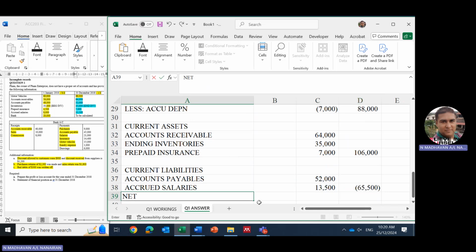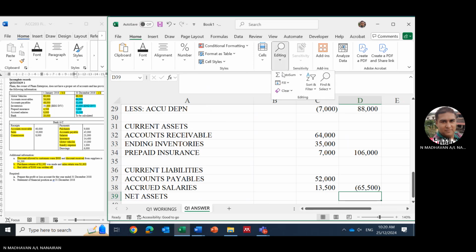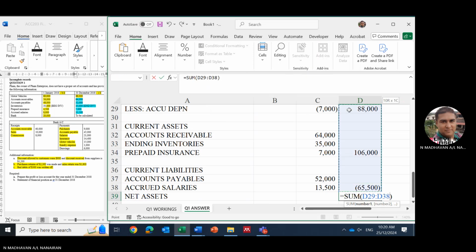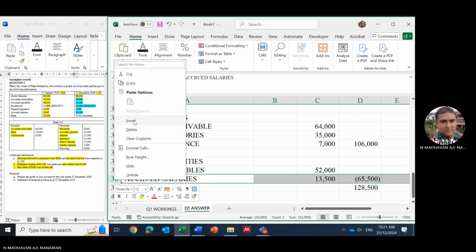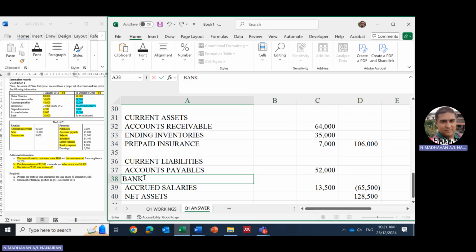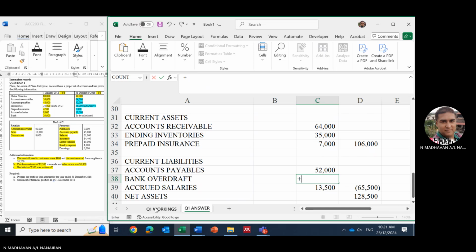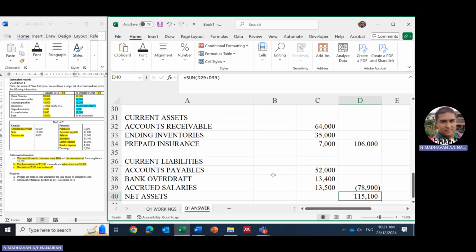So this will give you the net assets. Are you with me? Very good. Bank overdraft. Can follow? Awesome.